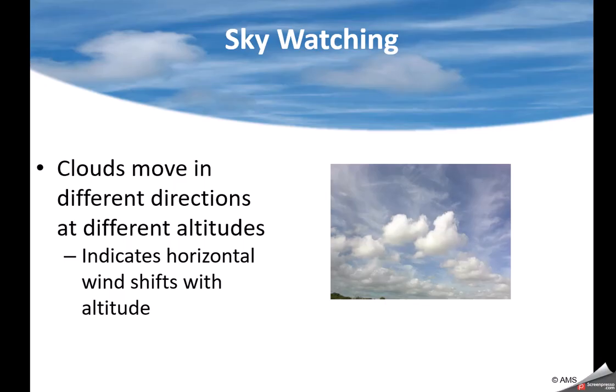And winds move, air moves in different directions in this atmosphere. In other words, if I am at the surface, I may have a south wind coming up from the south. Well, all we're saying is when we say south wind, we mean the air came from that direction. Maybe 10,000 feet up, on the other hand, I have a northwest wind.